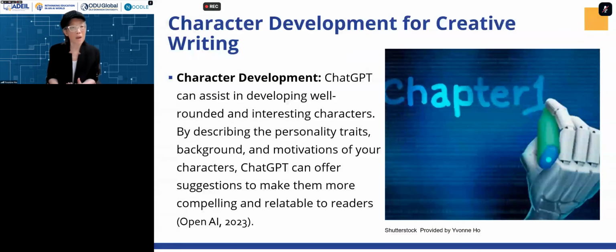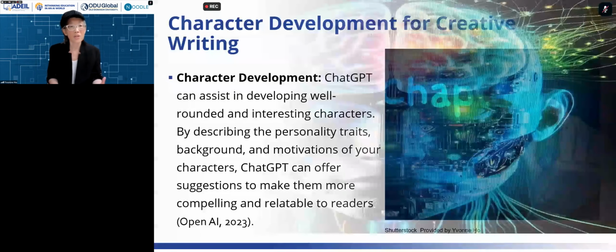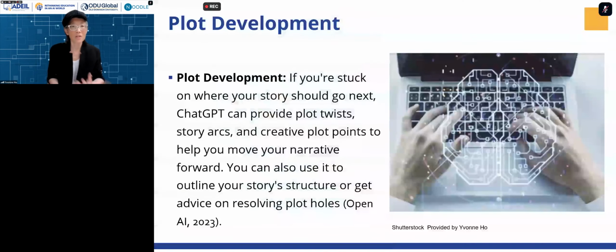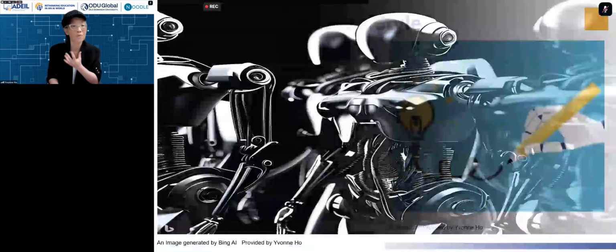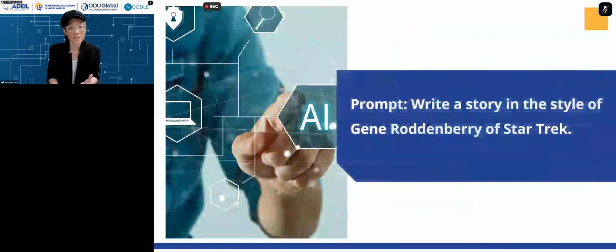ChatGPT is great for writing well-developed characters and backstories, and personality traits for characters. It can also help you if you're stuck on the plot and you don't know what else to write for your story. It can give you creative plot points and plot twists, and it can improve your story structure. If you want more exciting dialogue, ChatGPT can also refine and create engaging dialogue and sentence structure.